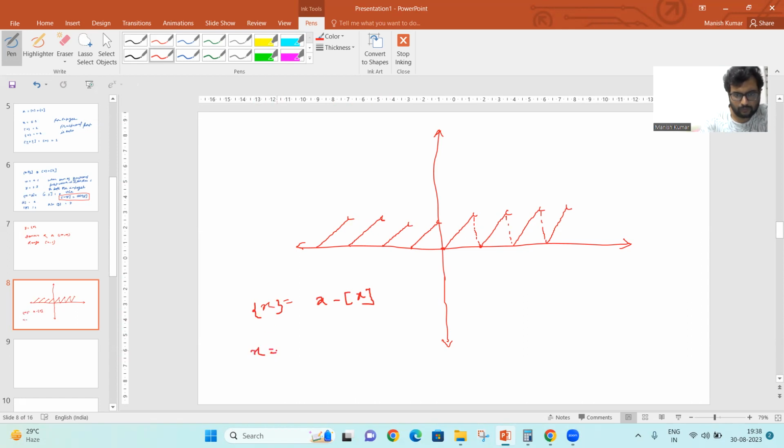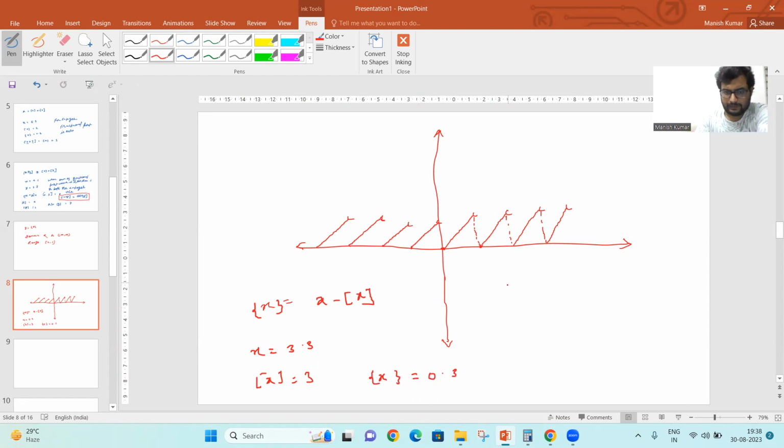Let's say x equals 3.3. The greatest integer of this is 3, so the fractional part is 0.3.